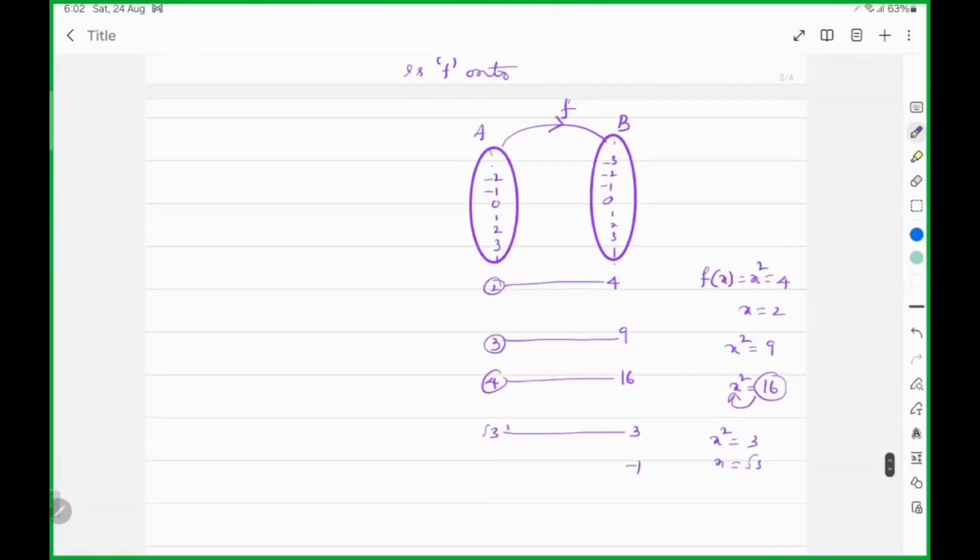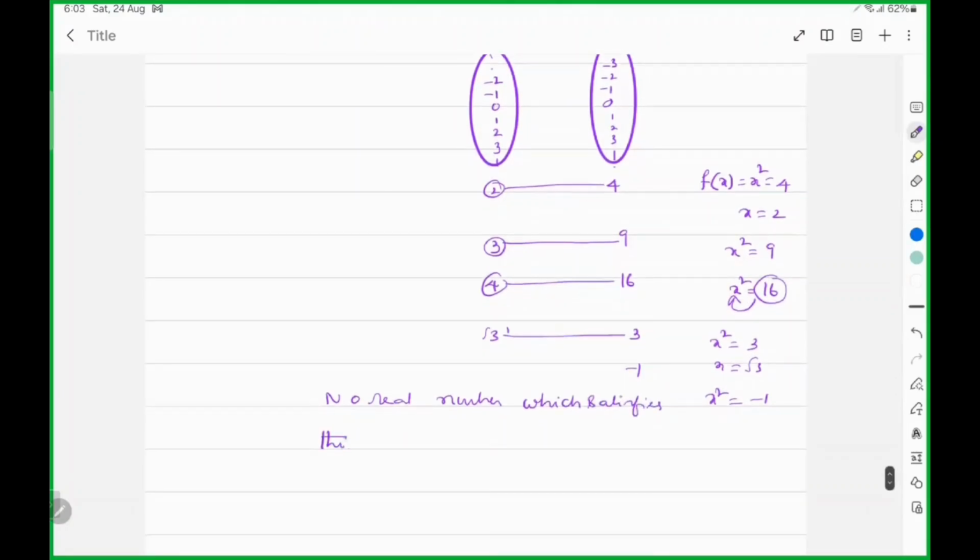But if I take -1, x square is equal to -1. So no real number exists which satisfies this equation. Any number squared is positive.